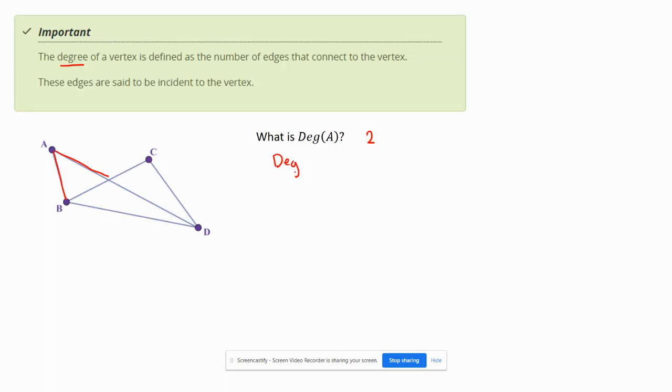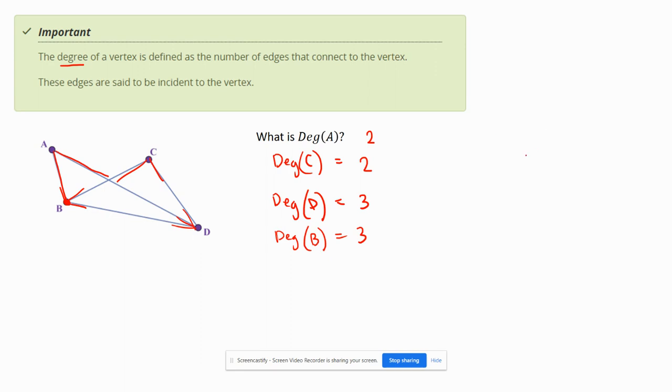Degree of C would also be 2 because there's 2 coming out of it. But the degree of D would be 1, 2, 3. And also the degree of B would be 1, 2, 3. So that's the degree.